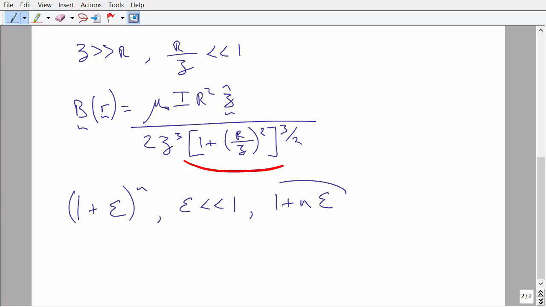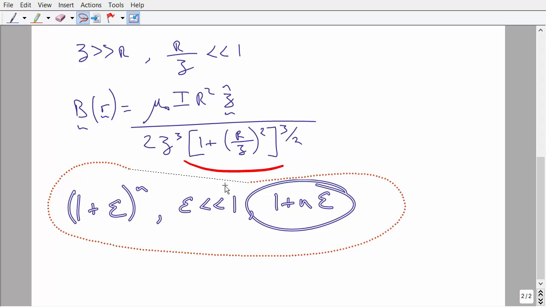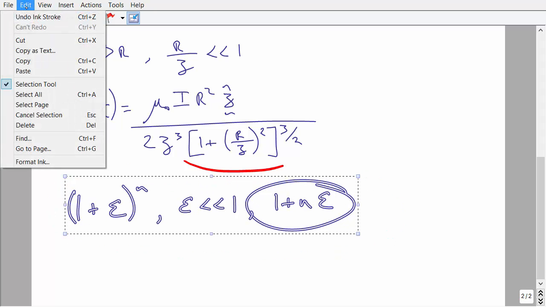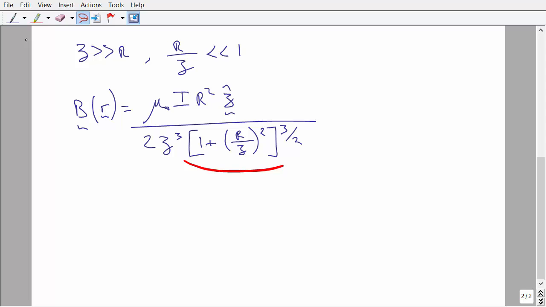This is the lowest order term, and it's a very, very useful result. So let's apply that result to our present equation. The small term that we have then is r divided by z squared, and our n is minus 3/2. So we're going to expand that quantity in the following way.